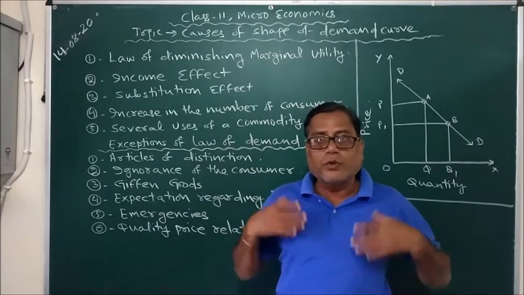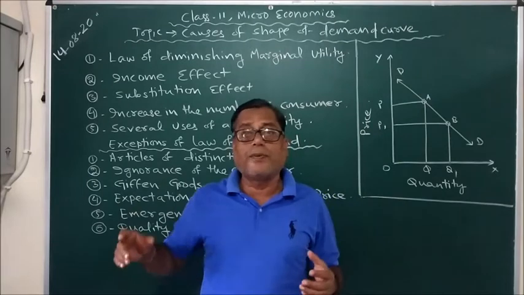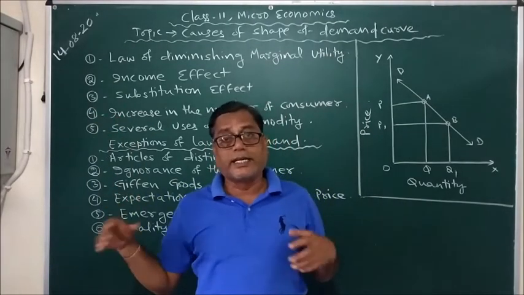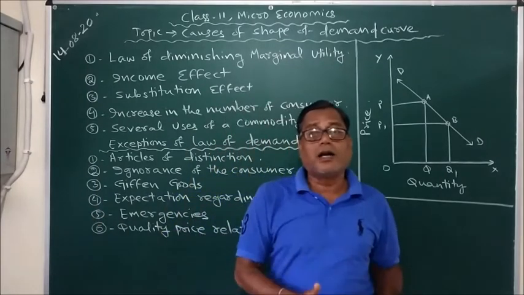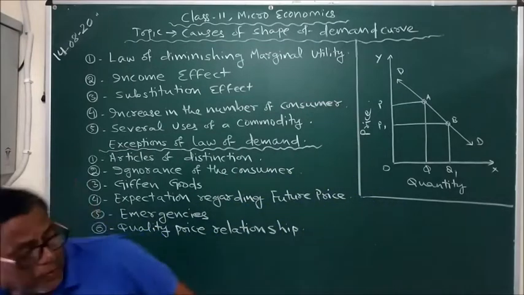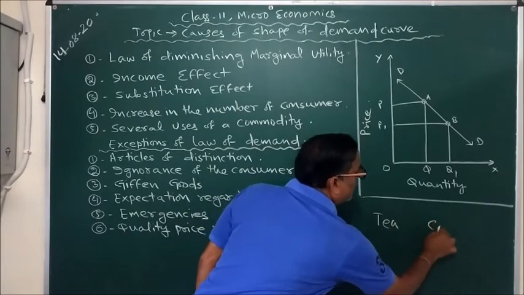And also we have already discussed that when the price of a substitute rises or falls, it has a great effect on the demand of a particular good. So now take the example of tea and coffee.